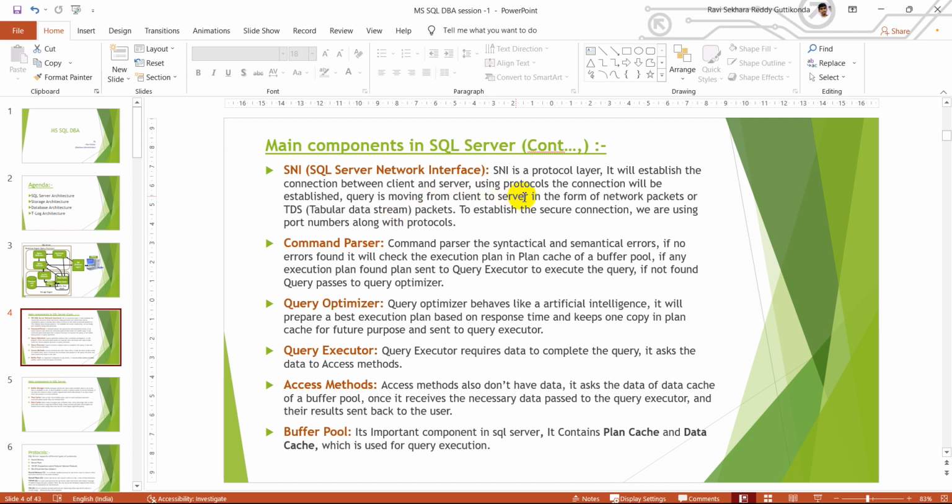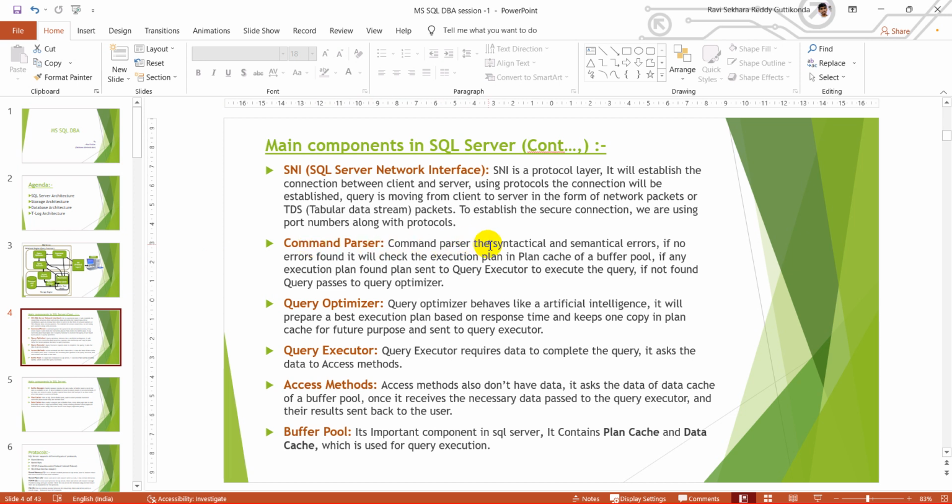Using the protocols, the connections will be established between the client and server. The query is moving from client to server in the form of network packets, or TDS packets, as we discussed. To establish secure connections, we use port numbers along with the protocols.